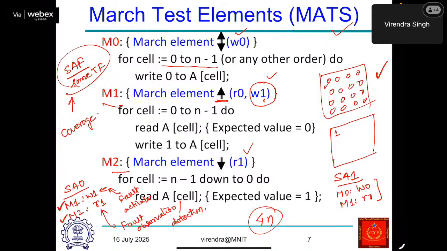But in the reverse way, when I'm coming back, I'm only reading, I'm not writing. Therefore it can detect only the address decoder faults which are possible when there is a decoder fault from ij to ik, wherein k is greater than j. So this can satisfy only condition 1, and won't satisfy condition 2.